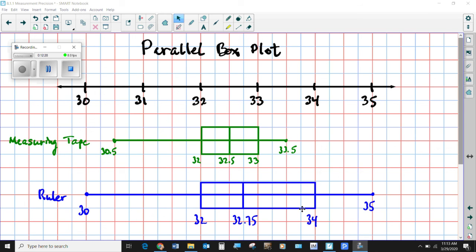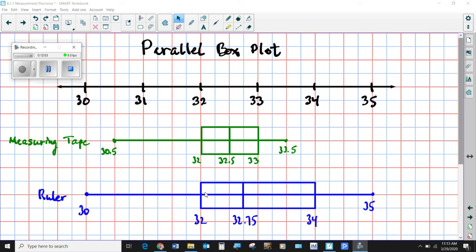Well, that's a little bit broader of a range. The medians are only a few inches apart. So I think we can confidently say that the room's measurement is 32.5 to 32.75, 32 and 3/4.